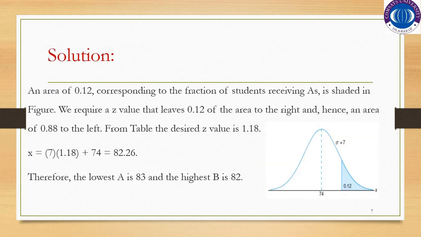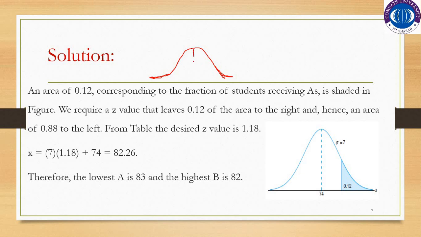Now an area of 0.12 corresponding to the fraction of students receiving A's is shaded in the figure. As you know that the grades are following the normal distribution, so it should be like this. Not so good, but it's representing the bell curve.